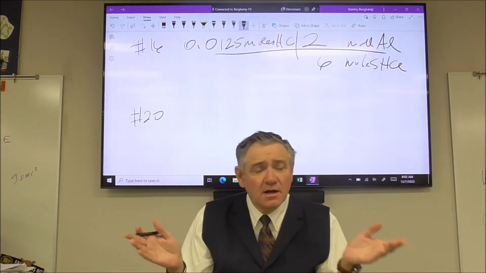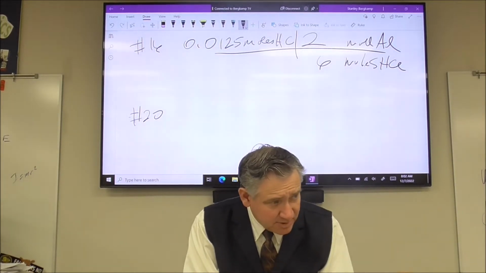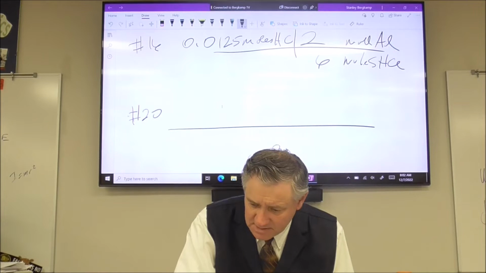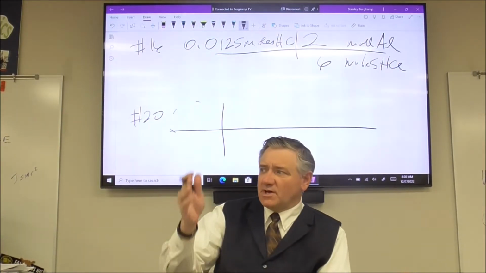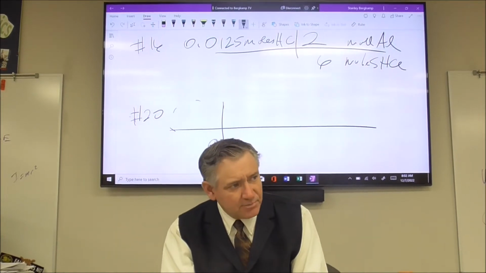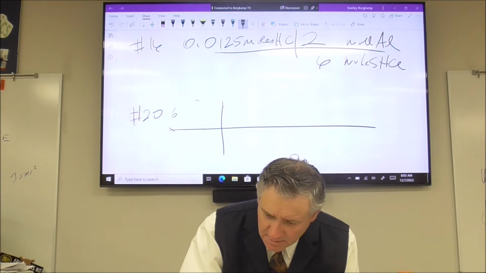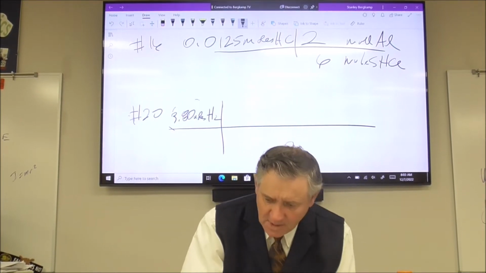But what's important is that it's always the same process, okay? So on number 20, set up this chart. And up here always goes what you were given in the problem. So on number 20, what you're given is 3.80 moles of hydrogen gas.